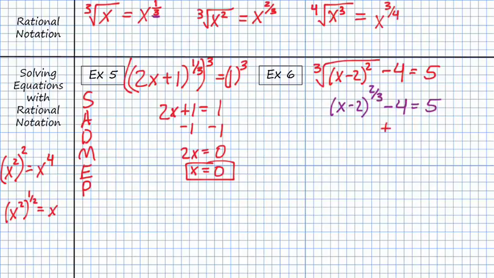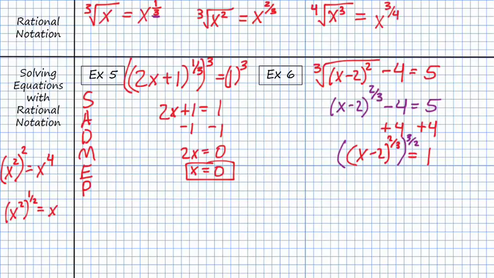All right, so then we just add 4 to both sides, and you get 1 is equal to x minus 2 to the 2/3 power. And so what we're going to want to do is take this all to the 3 over 2 power, because our whole goal is to get rid of this fraction up here.